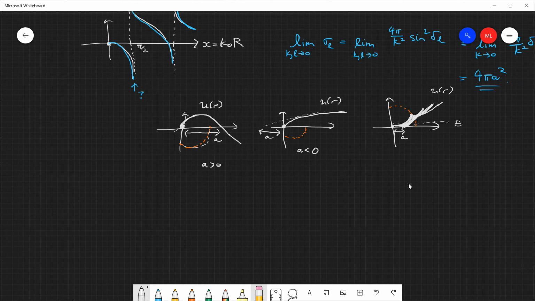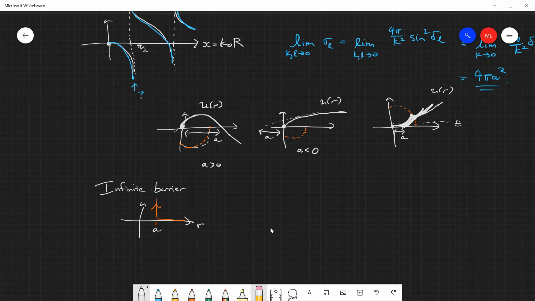But we can show that immediately for the infinite barrier. So we do the infinite barrier, meaning we take our potential to just shoot up to infinity at some location a.